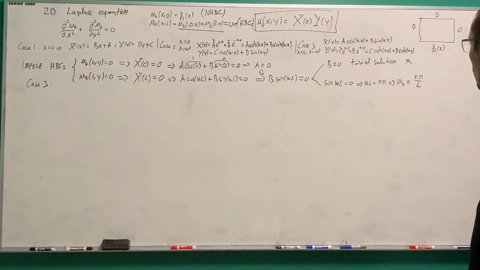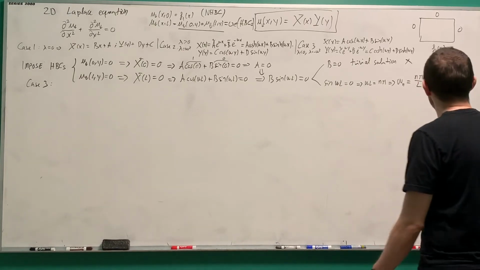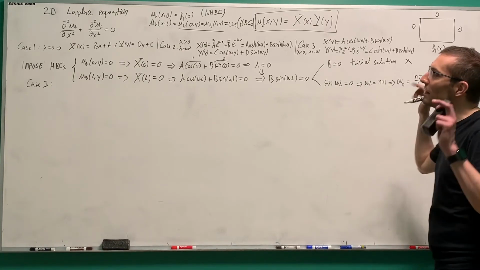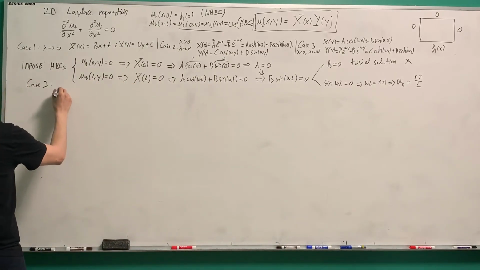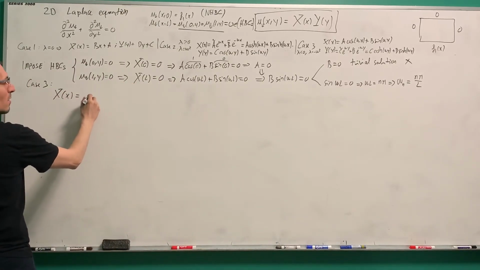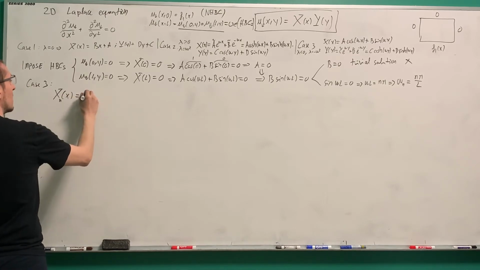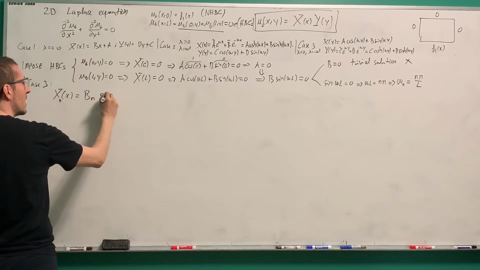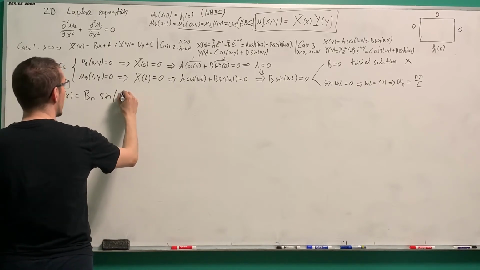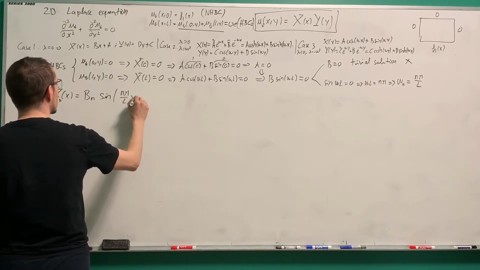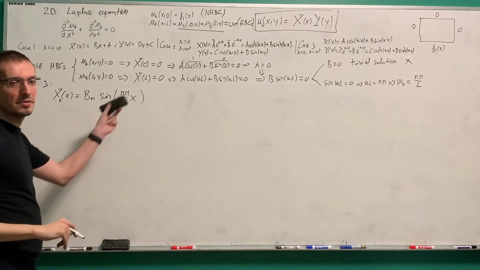Now I know the value of omega n, so I know what the x's would be like. Case 3 gives me solutions of the form X of x equal to b sub n sine of omega n x, which is n pi over L x. I have infinitely many of those.